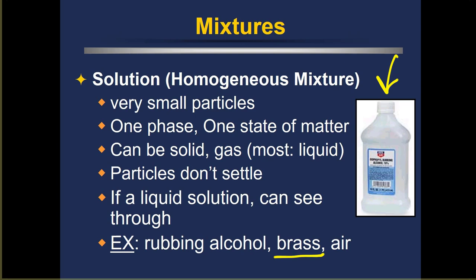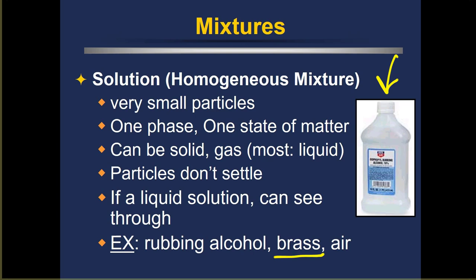And then another example of a homogeneous mixture is the air we're breathing. The air we're breathing contains mostly nitrogen, but there's oxygen in it that keeps us alive, that our bodies are extracting out of the air, and then we're breathing out CO2. So those are three of some of the components of air, but they are mixed evenly.